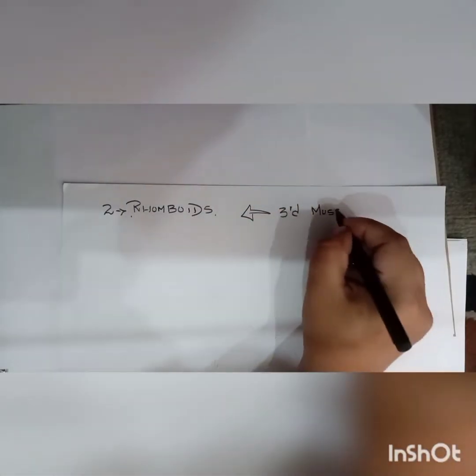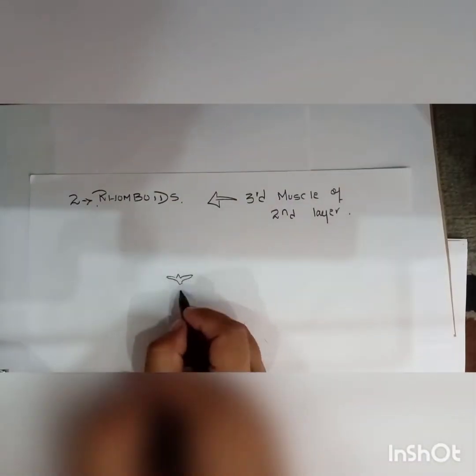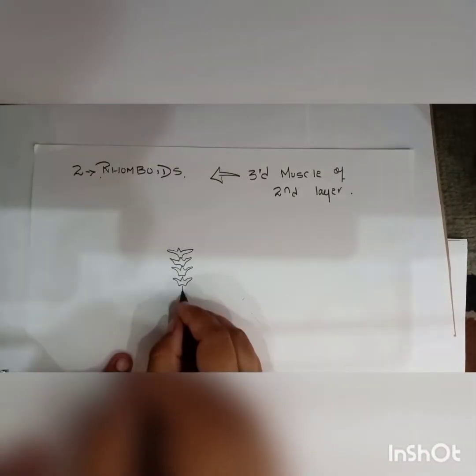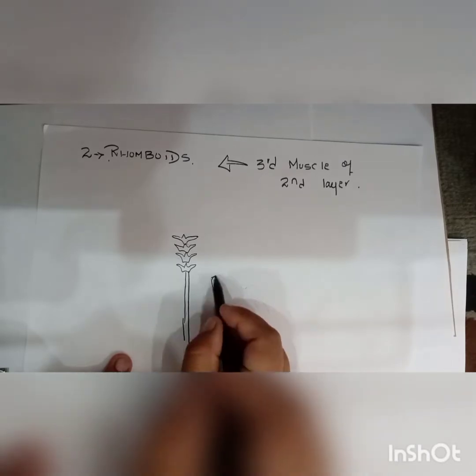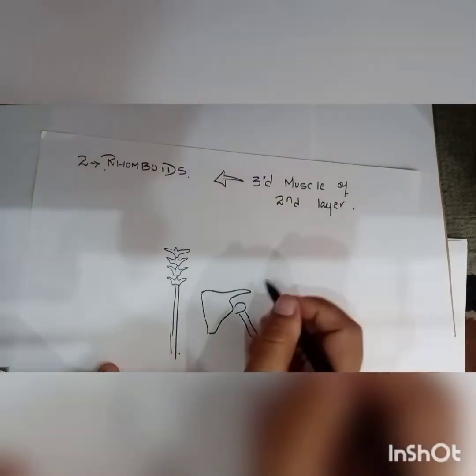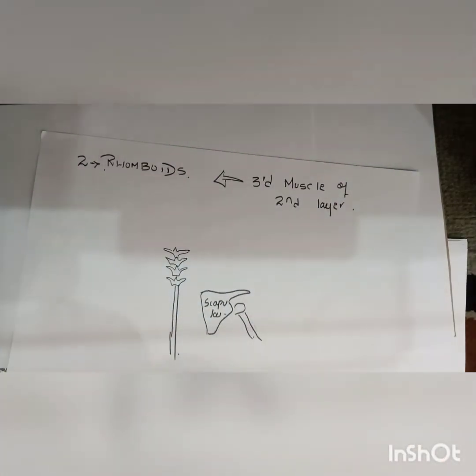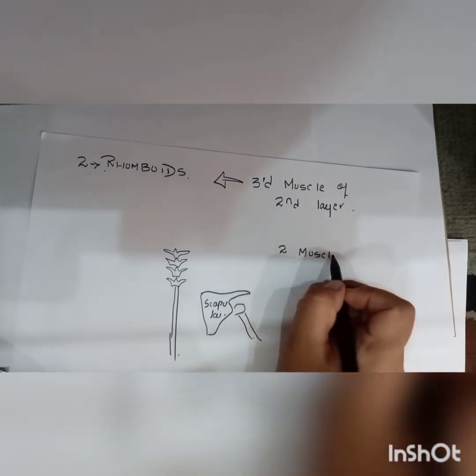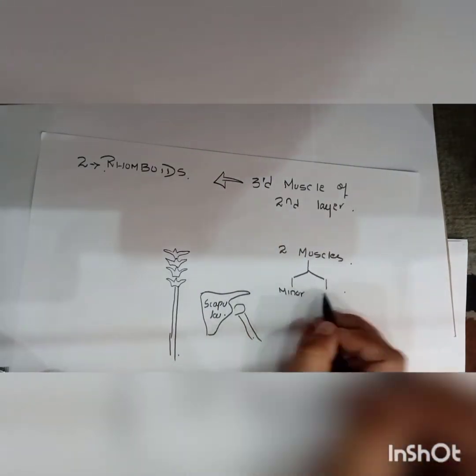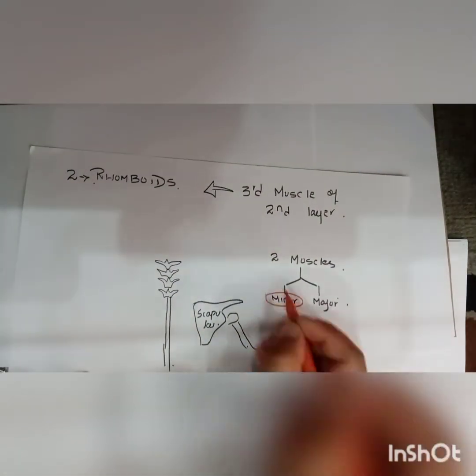Now I will explain the rhomboid muscles. There are two rhomboid muscles, and this is the third muscle of the second layer of the back. Here I am again drawing the rough framework, and this is the scapula. The two rhomboid muscles are the minor and the major.